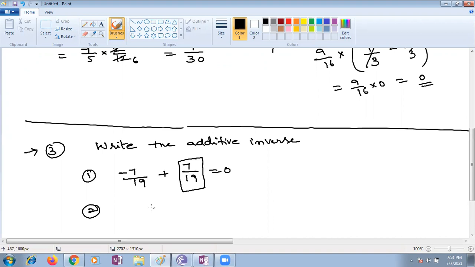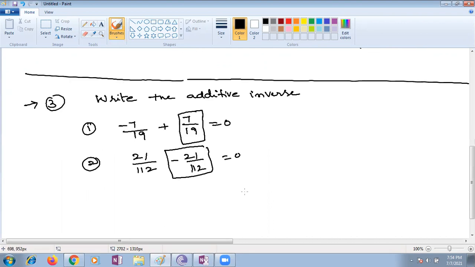Next, 21 by 112. Minus 21 by 112. So this is the additive inverse, right? Next, negative of a number. What I said, children, negative of a number means additive inverse only, ma'am.